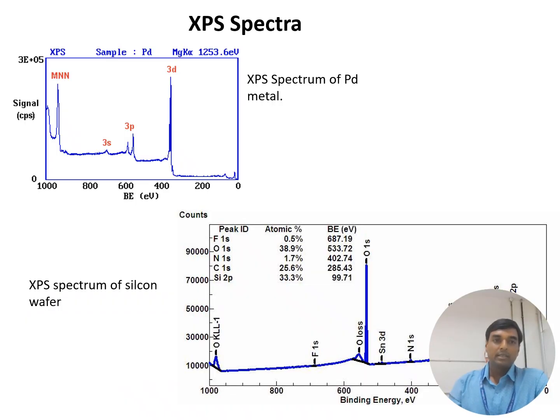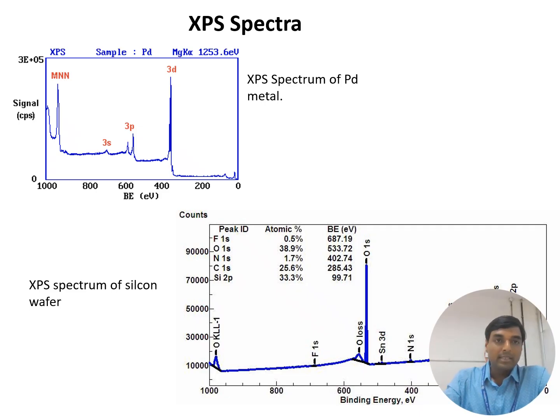And this is the typical XPS spectrum that shows signal versus the binding energy curve. So what is binding energy? As I told you, it is the energy required to move an electron from the inner shell, the K shell, to the Fermi level, and that depends upon electronic configuration, because with higher atomic number, binding energy will be more.